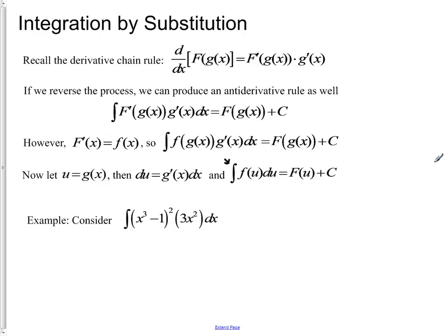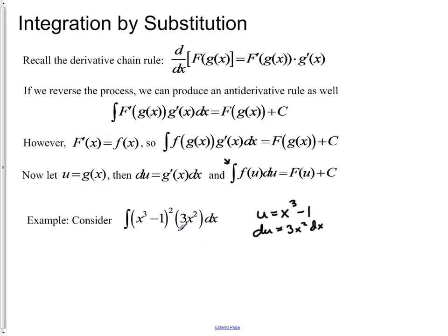Here's my antiderivative. I want to take the indefinite integral of x cubed minus 1 squared times 3x squared. Well, we might note that internal to this function, it looks like u is the function x cubed minus 1, in which case du, our differential of x cubed minus 1, is going to be 3x squared times dx.